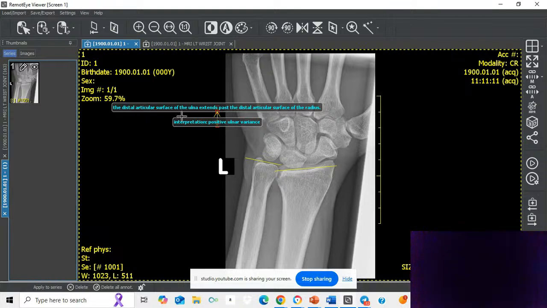The distal articular surface of the ulna extends past the distal articular surface of the radius. Interpretation: positive ulnar variance.